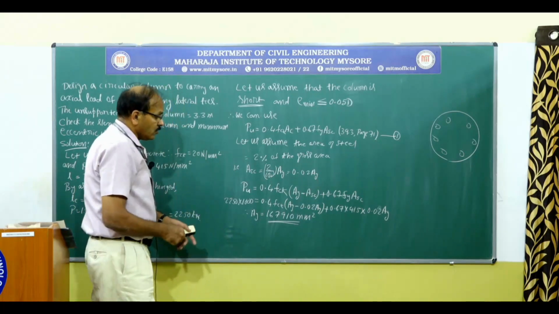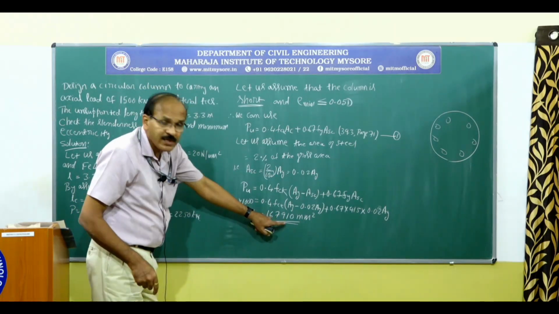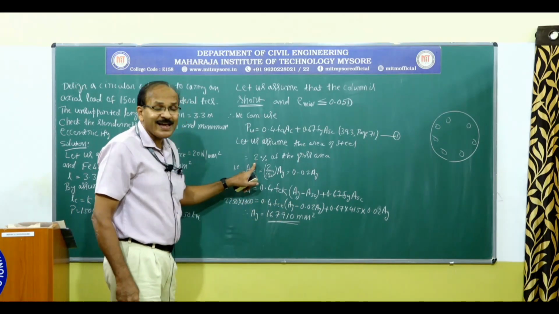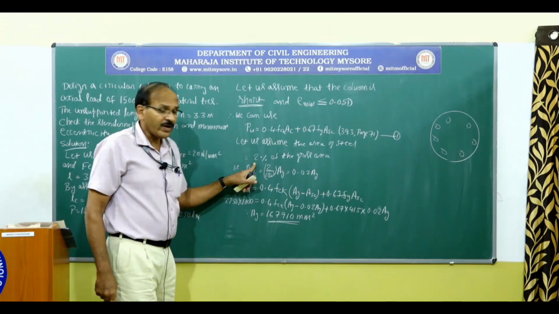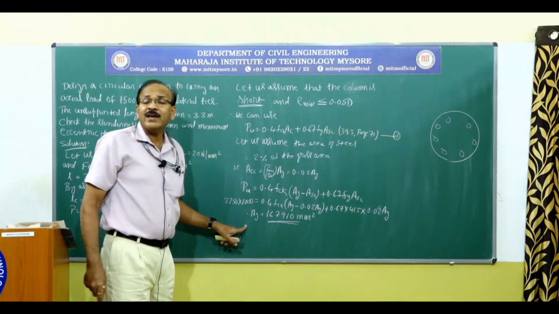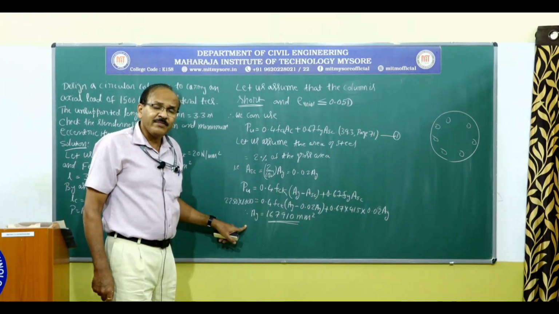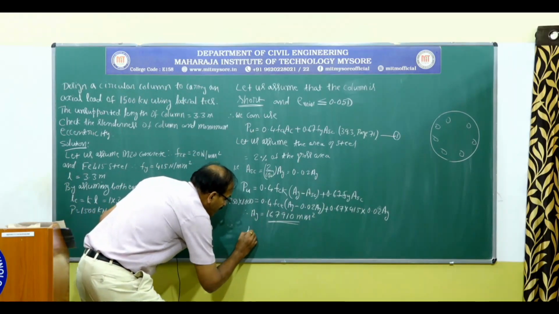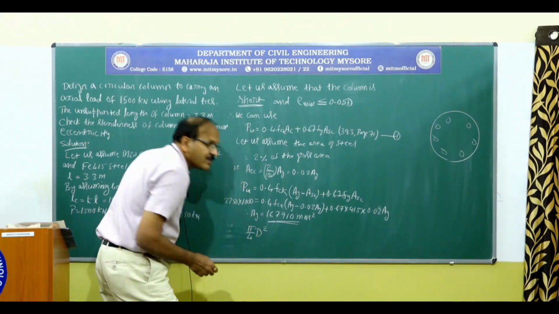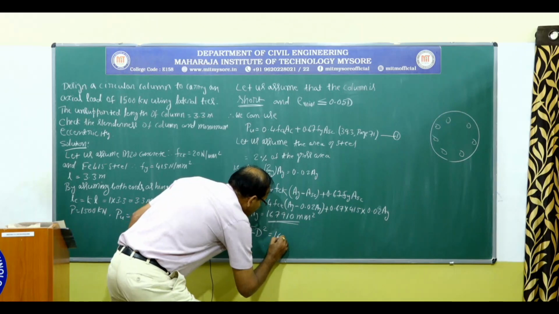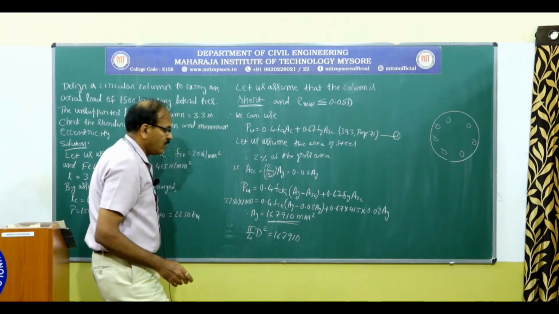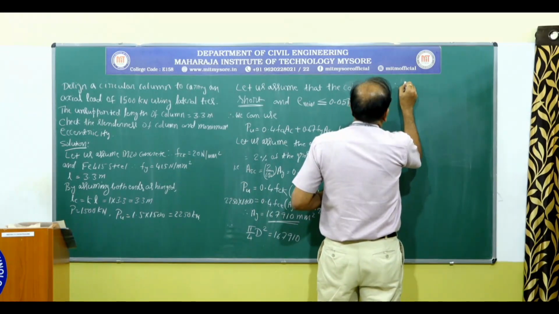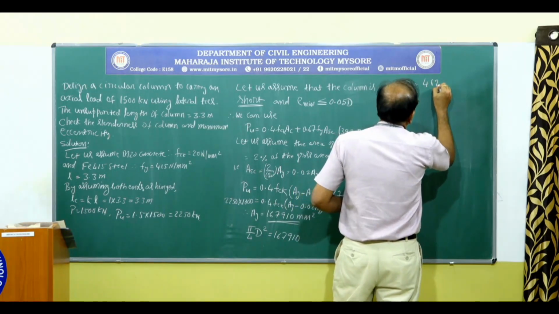That is the gross area of cross section of the column we need. If you provide Ag of this much, we need exactly 2% of the steel. So for this cross section area, let us find out the diameter of the column required. Ag is pi by 4 d square, where d is the diameter of the column, equal to 167910. Therefore, d equal to 462 millimeter.